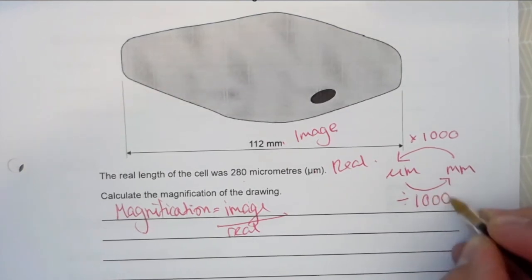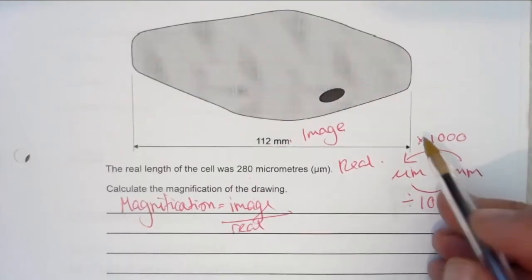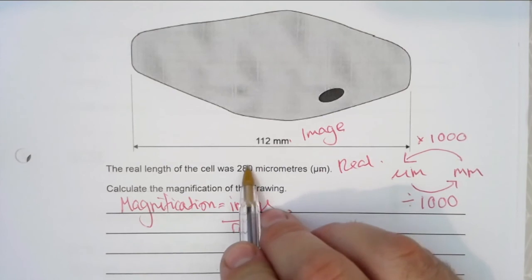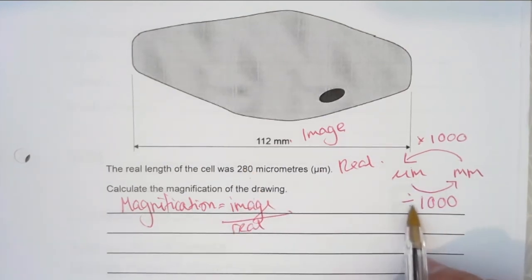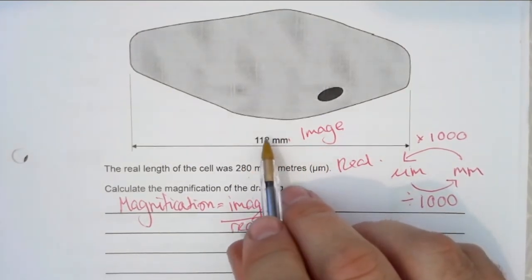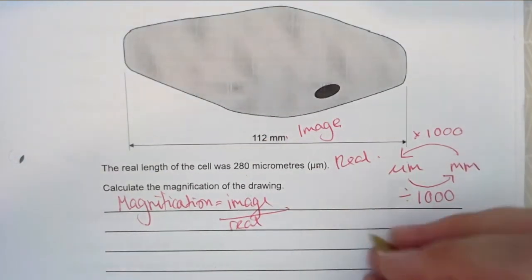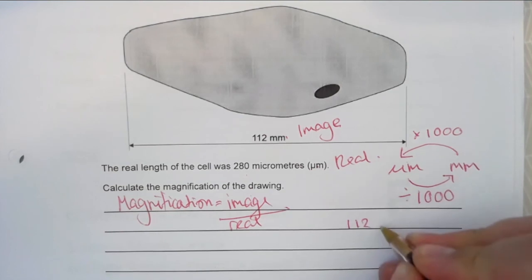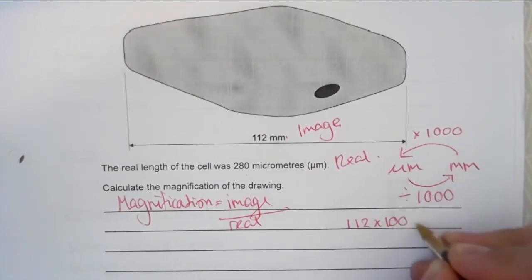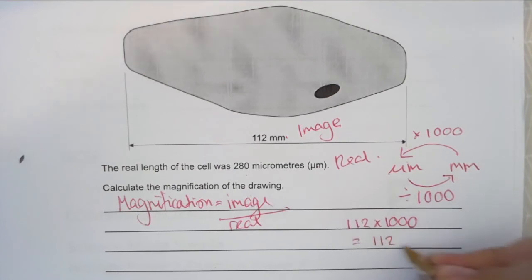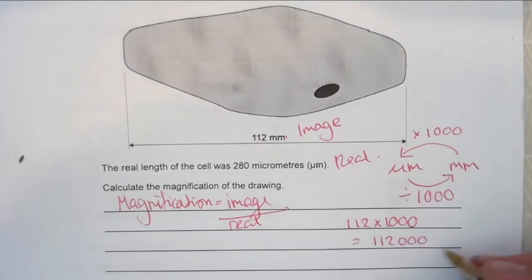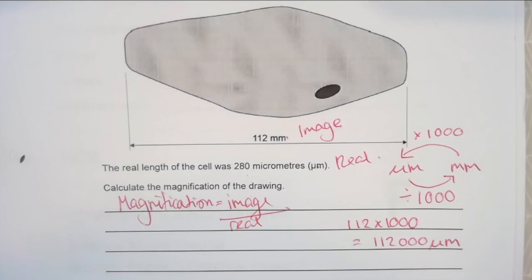I'll divide by 1,000. And I've got a choice here, so I can either convert this into millimeters by dividing by 1,000, or I can convert this into micrometers by timesing by 1,000. So I'll choose to times 112 by 1,000. There's no right or wrong method here. And that gives me 112,000 micrometers.